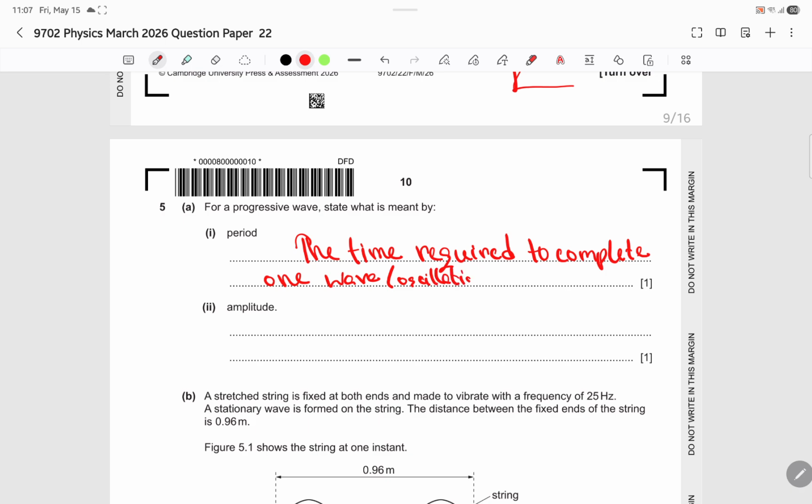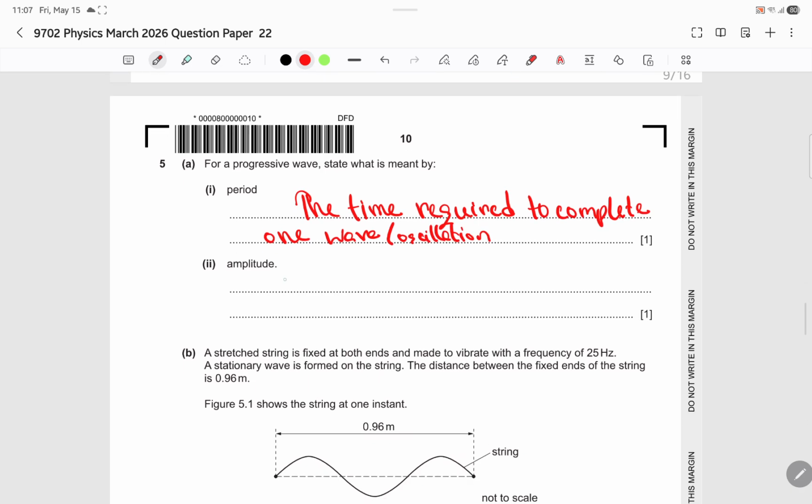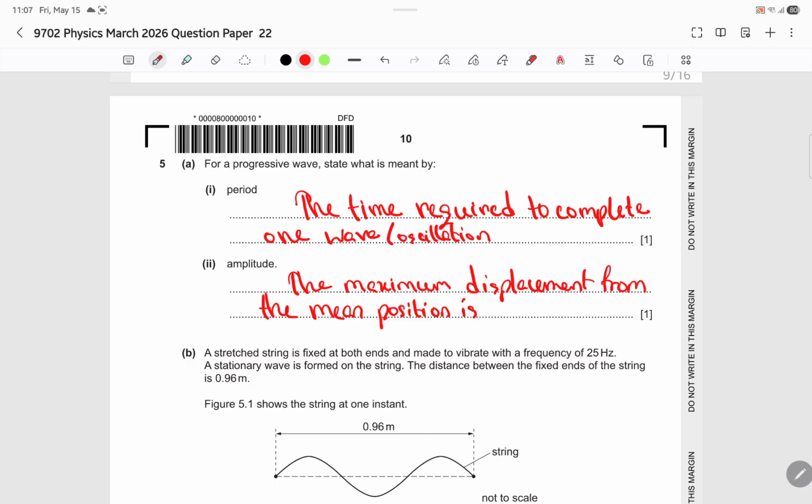Same thing though. What is the amplitude? It's the maximum displacement from the equilibrium position. Or you can just write the mean position. I think it's the same. Yeah, it means the same thing. So maximum displacement from the mean position is called amplitude.